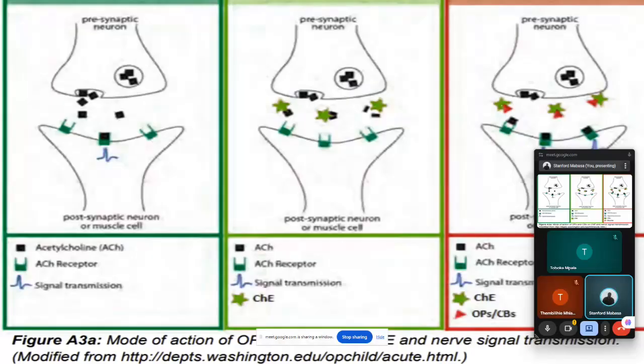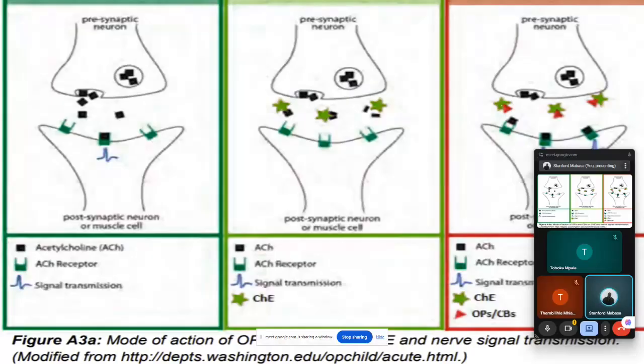ACH is the acetylcholine. So it combines with the enzyme, but at a certain stage it will leave the acetylcholine. So the acetylcholine level remains low.